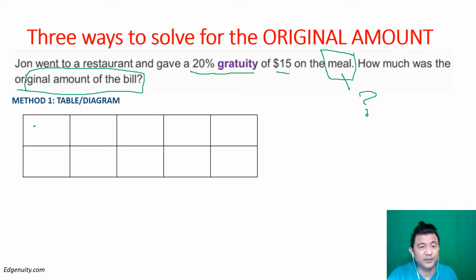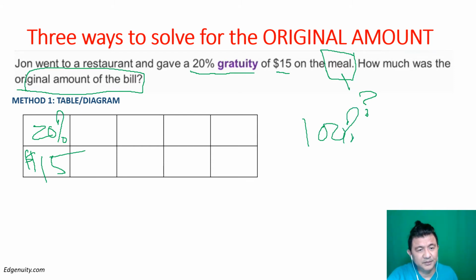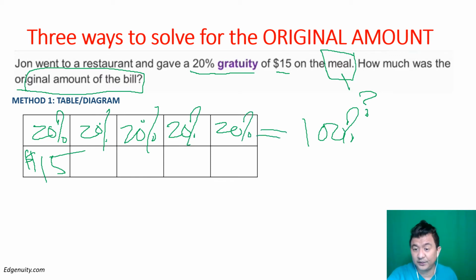So let's write 20% in one box. You know that 20% is equal to $15. Remember, you need to reach 100%. So how many 20%? Another 20, 40, another 20, 60, another 20, that's 80, another 20, that's 100. So it adds up to 100% now.